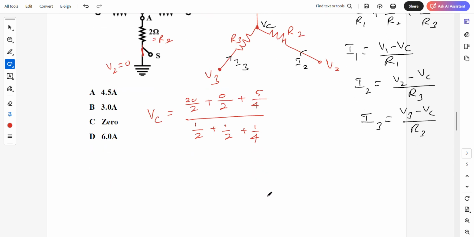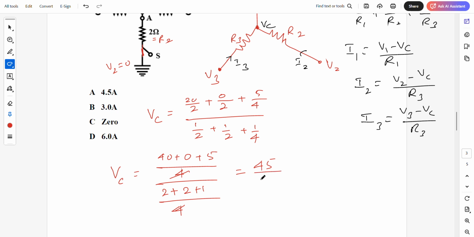Taking LCM as 4: the numerator is 40 plus 0 plus 5, and the denominator is 2 plus 2 plus 1. The 4 gets cancelled, so 45 by 5, which is 9 volts.